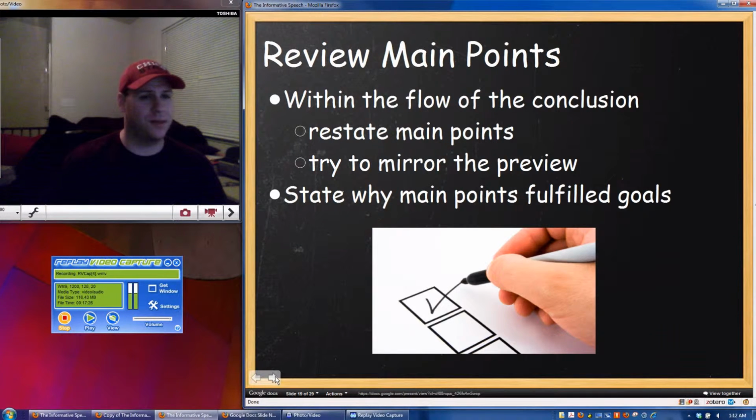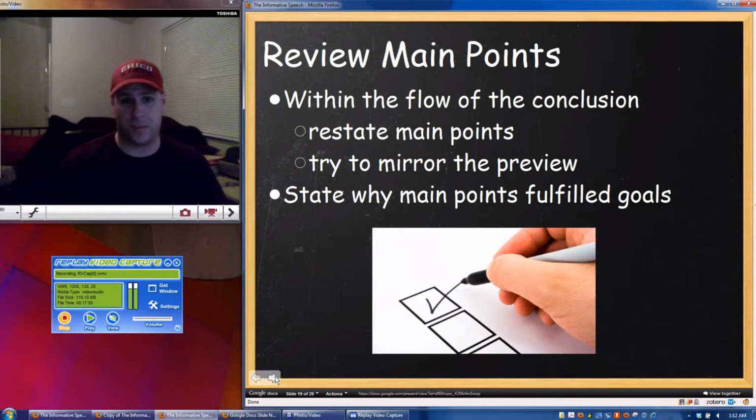All right. At this point, it's probably a good time to go back and review the major points of your speech. Again, using parallel wording to mimic the preview that you gave earlier on in the speech would be good. So at the beginning, when you were just about to go into the body, you previewed the 3 main points that your speech is going to be about. Now, at the end, you want to do something along the lines of, okay, let's review.